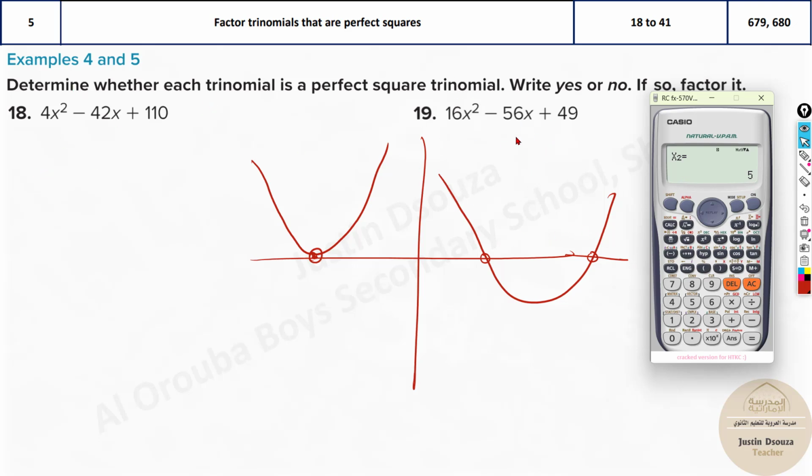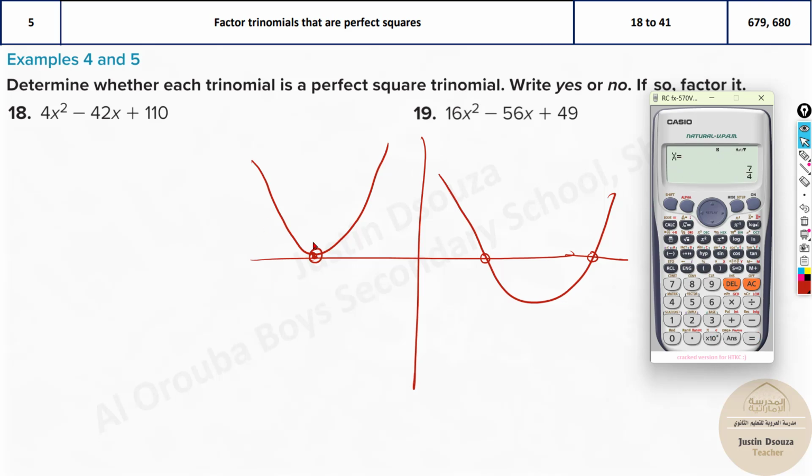Now let's check another one, where I'm not sure whether it is a perfect square. Let's put the values in: 16, minus 56, and lastly 49. Here you can see x is alone. There's only one value, 1.75. If you press again, there is no more answer.